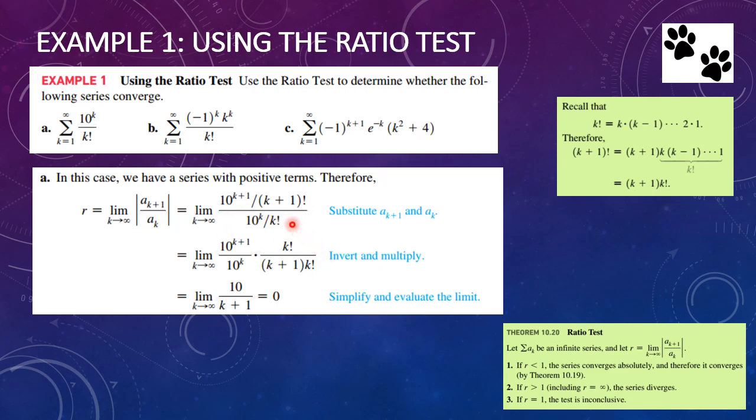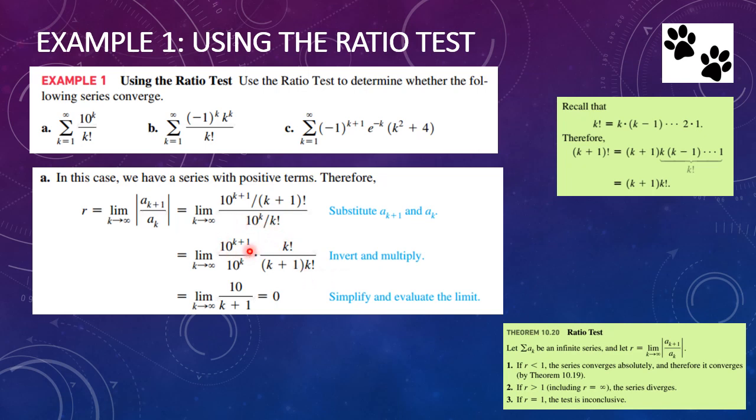So when we do that, we get 10 to the k plus 1 over 10 to the k. The k factorial goes in the numerator, and the k plus 1 factorial, which becomes k plus 1 times k factorial, goes in the denominator. And then we can see the terms that we can cancel out. For example, the k factorials can cancel out.